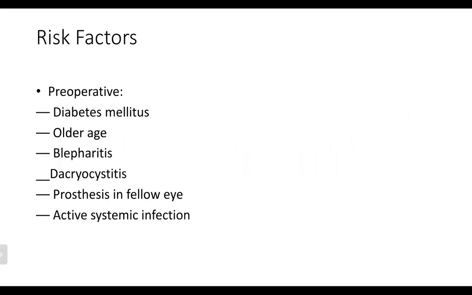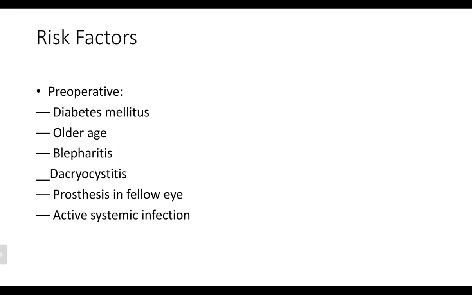There are several risk factors, and these include preoperative risk factors like patients with diabetes mellitus. Patients with diabetes mellitus usually have lazy leukocyte syndrome. They have increased predisposition to infections. Same thing with older patients and patients with untreated blepharitis.